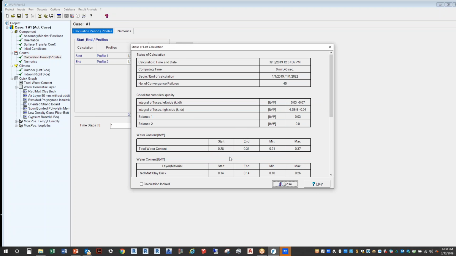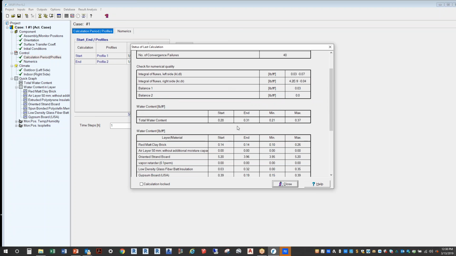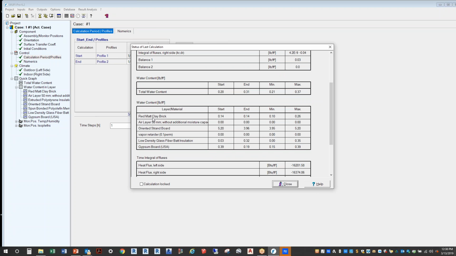All right, so what does this tell us? Let's look at the total water content. It ended higher than it started after 3 years. So after 3 years of simulation, we ended up with more moisture in our envelope than what we started with.